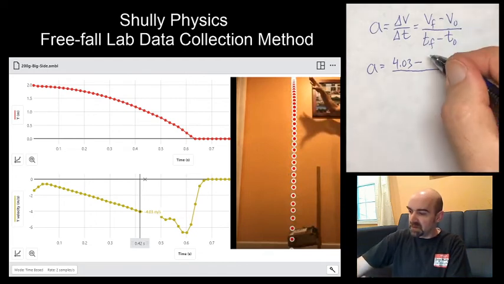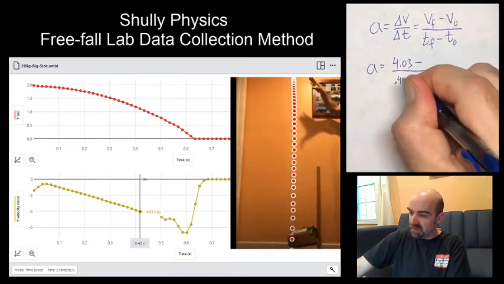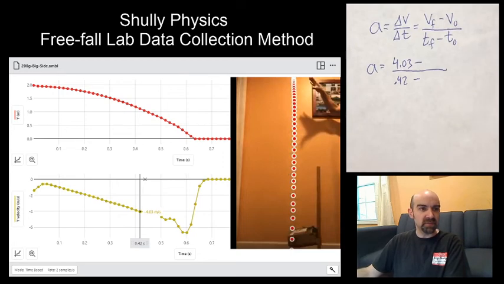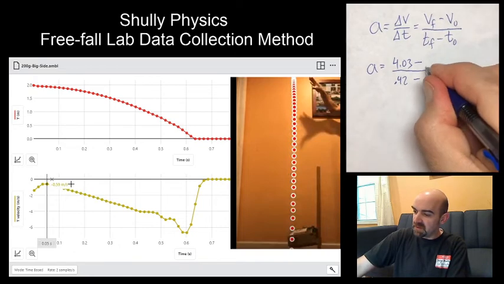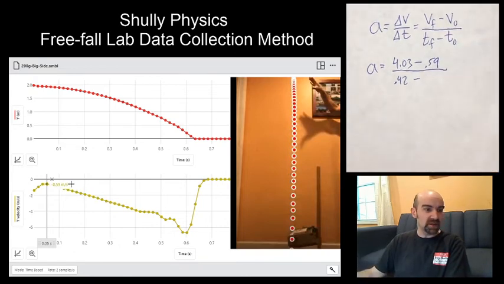Okay, so we're going to plug in 0.42 for that final time. All right, moving on to the first point. I'm going to pick that one up here. 0.59 meters per second is the initial velocity at 0.05 seconds.